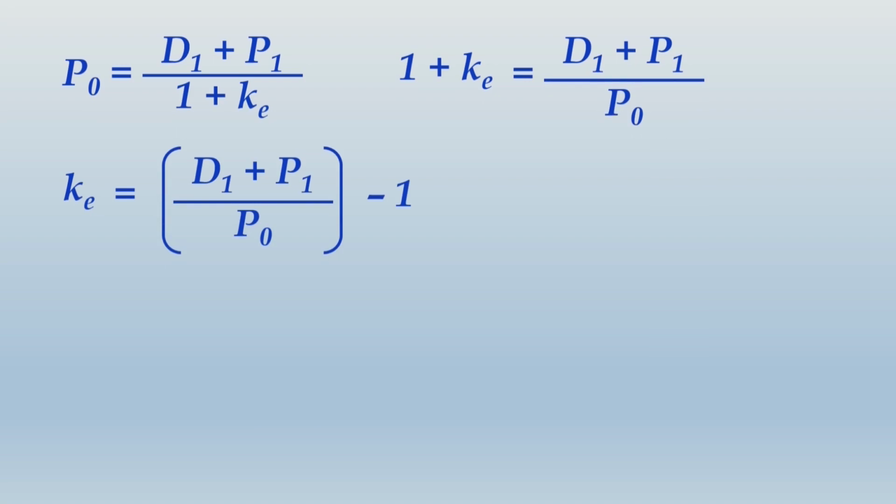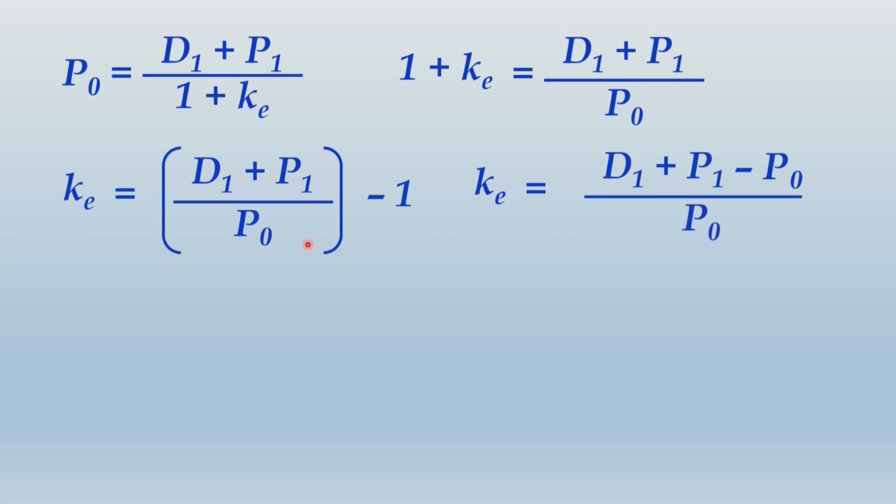If I further modify this formula, if I would want to put this minus 1 within brackets over here, it could not be simply placed as minus 1, it would be minus P0 upon P0, because over here the denominator is P0. As a result, KE will be D1 plus P1 minus P0 divided by P0.